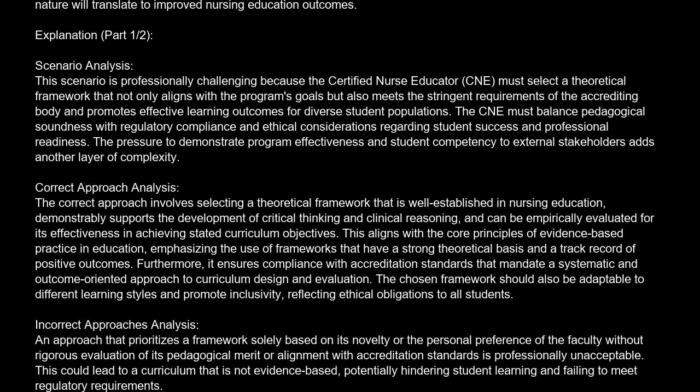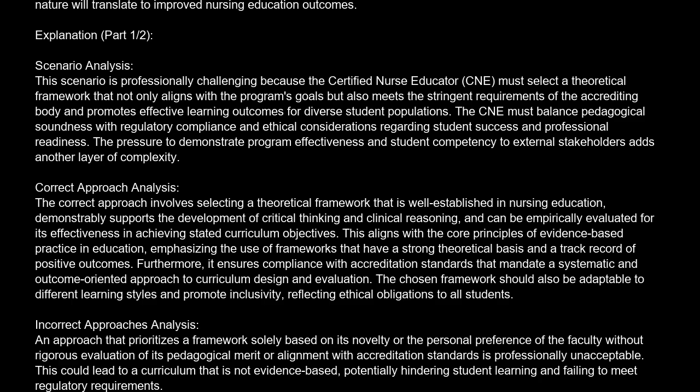Correct approach analysis. The correct approach involves selecting a theoretical framework that is well established in nursing education, demonstrably supports the development of critical thinking and clinical reasoning, and can be empirically evaluated for its effectiveness in achieving stated curriculum objectives.